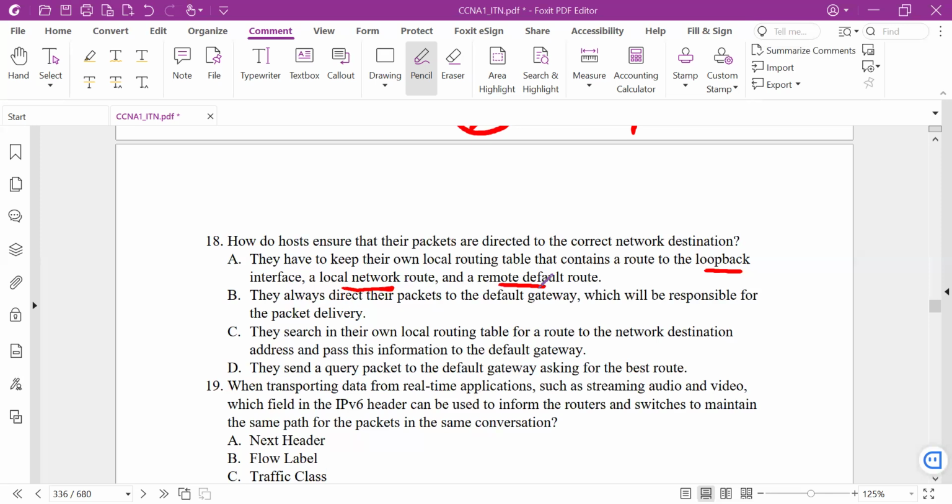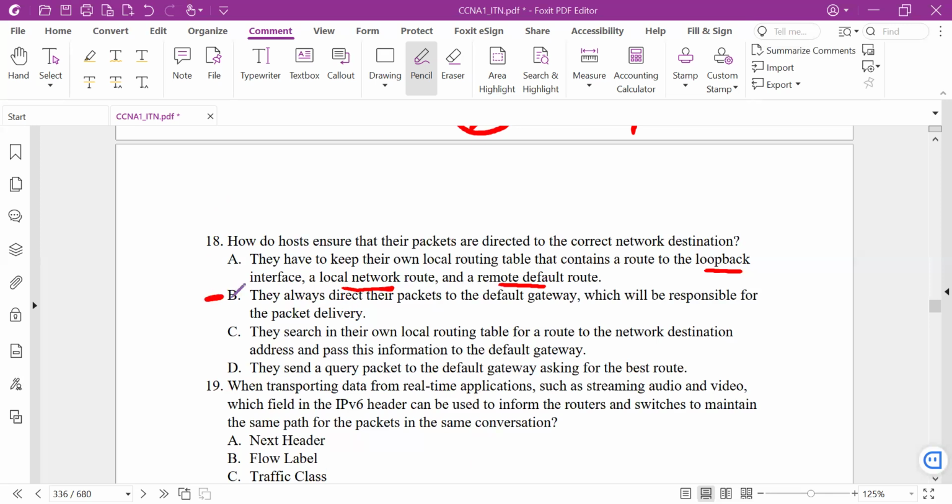Number two, they always direct their packets to the default gateway, which will be responsible for the packet delivery. That is not always the case, right? Let's look at all the answers.